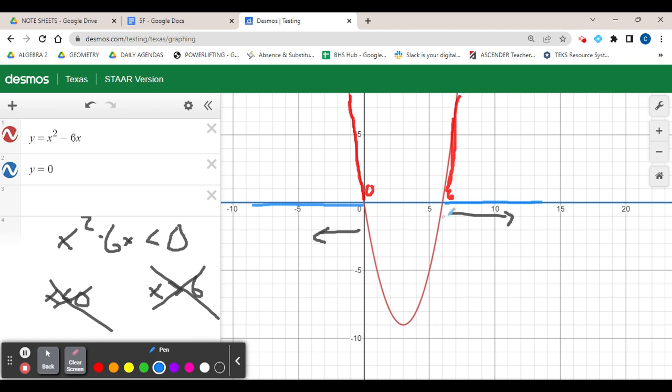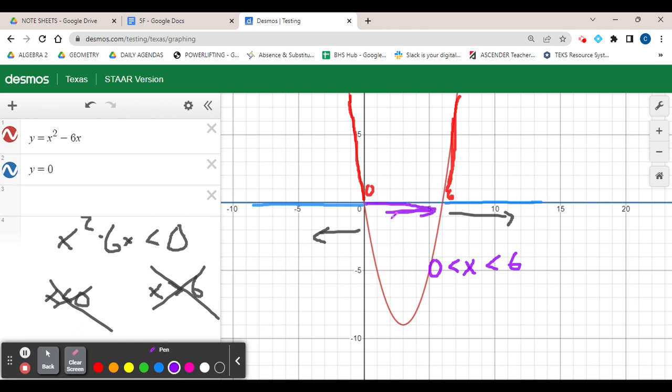Okay. So what's going to happen is our final answer is going to be x is greater than 0 and less than 6. So it's only in this area here where the x squared minus 6x is less than 0.